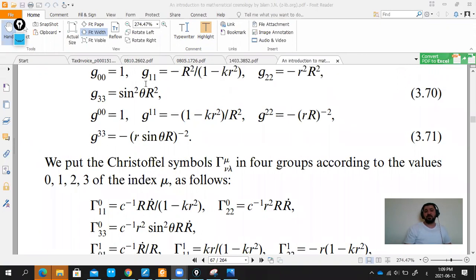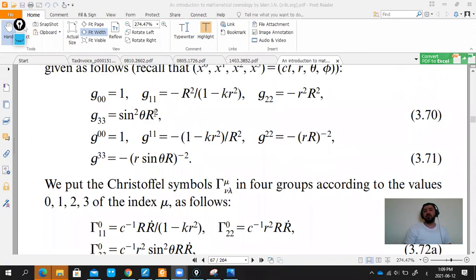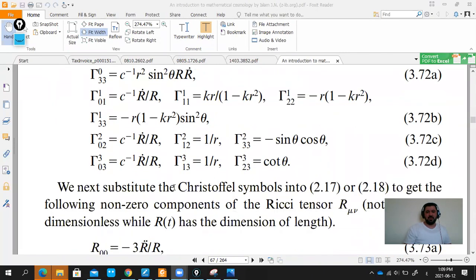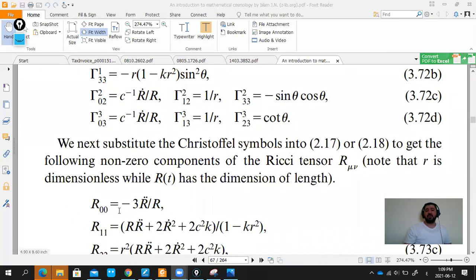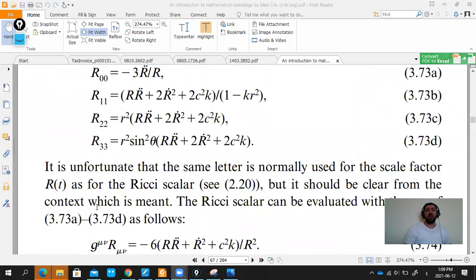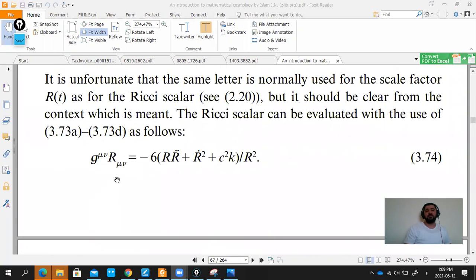And here all the components of the metric tensor depend on time. That makes things easier, and you'll find that many terms are cancelled directly and immediately. Then we can find the non-zero components of the Ricci tensor R00, R11, R22, R33, and finally you can find the Ricci scalar, where the Ricci scalar is g mu nu R mu nu, and we'll take these.